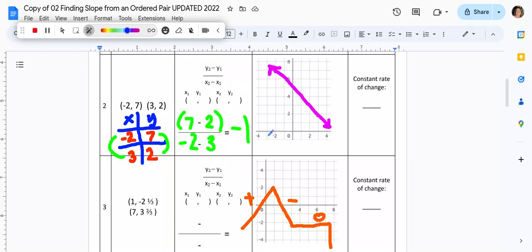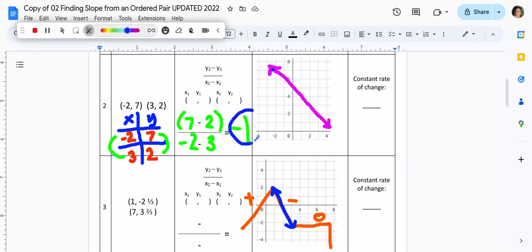So what I want you to notice is if I look at this slope, it starts high and it goes low. So if you look at the slope mountain, same thing. It starts high and it goes low. This line looks like this one. Now I know that's a negative slope.